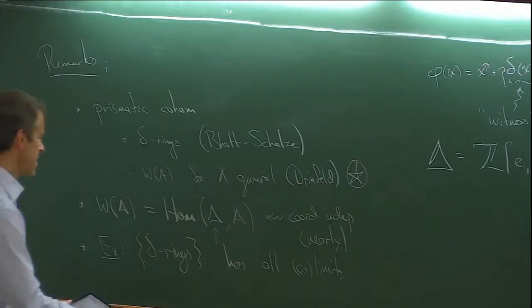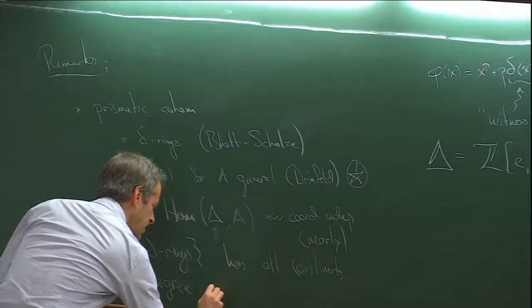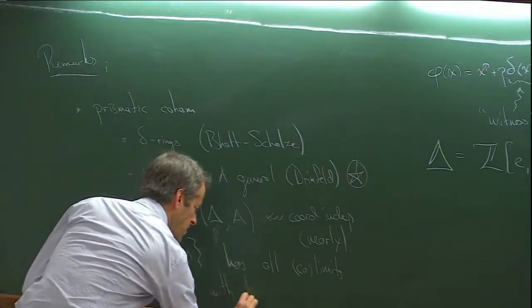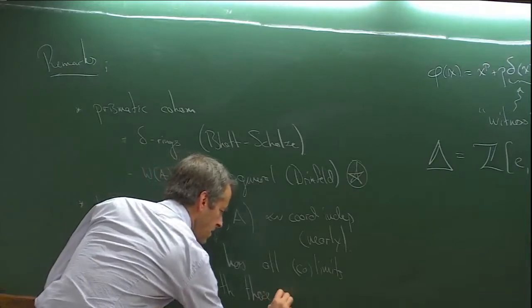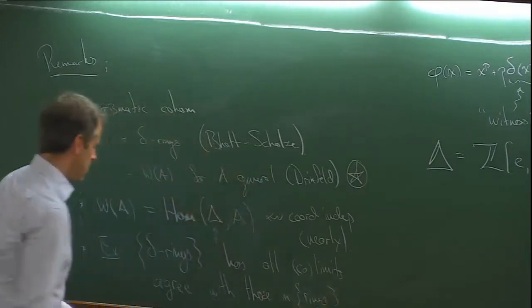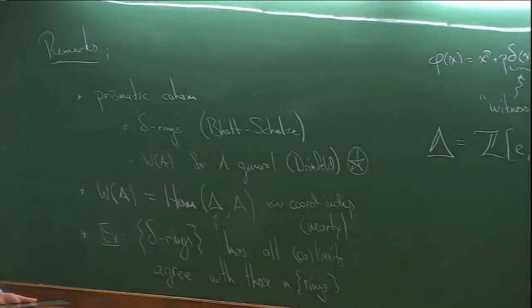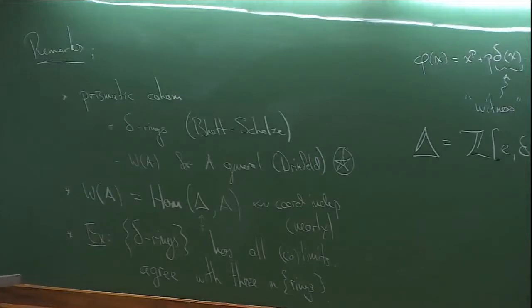And they agree with the ones computed in the category of rings. That's just a formal consequence of the category theoretic setup where you have the two adjoints and things like that.